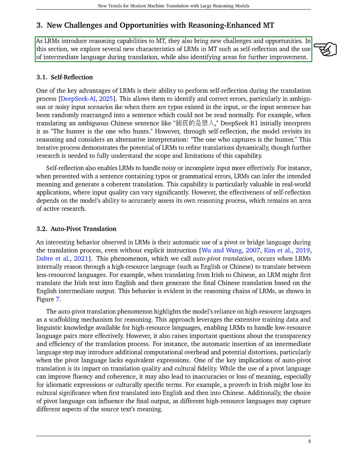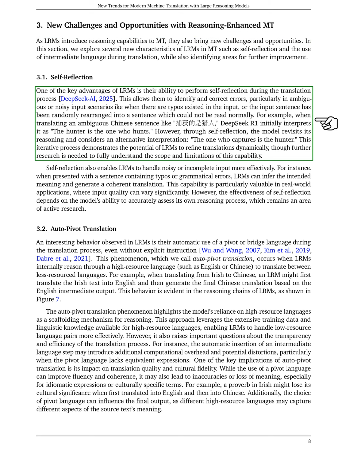As LRMs introduce reasoning into MT, they also present new challenges and opportunities. We examine characteristics like self-reflection and the use of an intermediate language during translation, while identifying areas for improvement. One key advantage of LRMs is their self-reflection ability during translation, which helps them identify and correct errors, especially in ambiguous or noisy inputs.